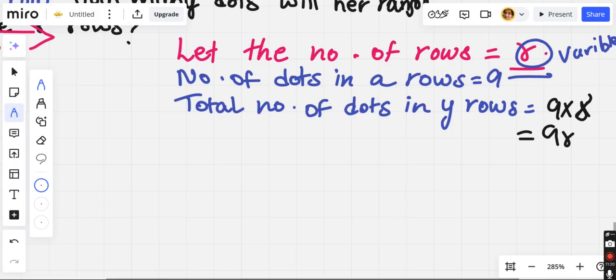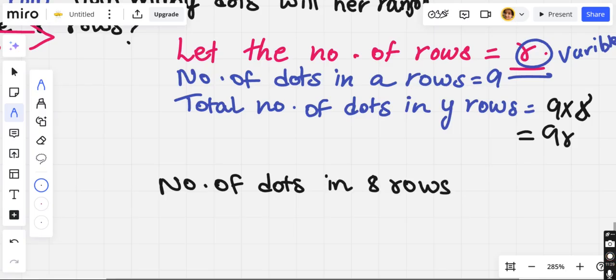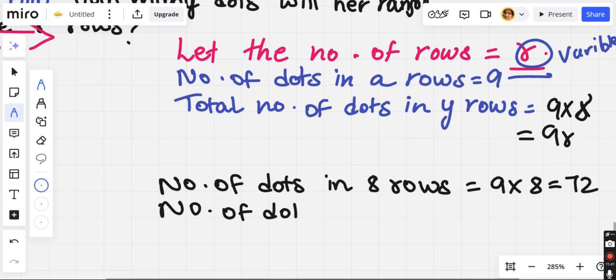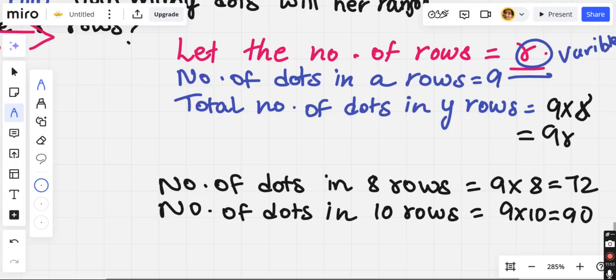So now what is the answer? Number of dots in 8 rows is equal to 9 into 8, which is equal to 72, and number of dots in 10 rows is equal to 9 into 10, which is equal to 90.